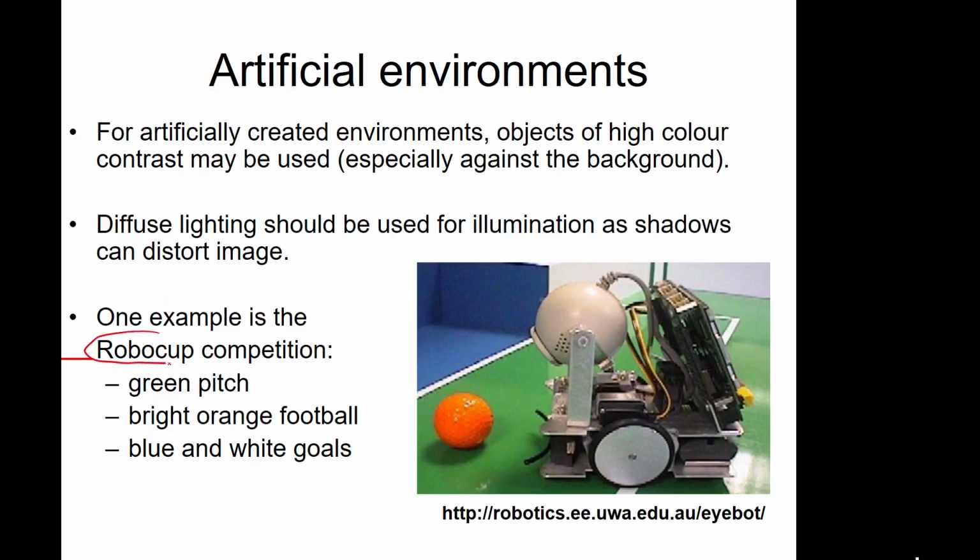So this is developing robots to play football. And they use colour segmentation to help the robots do this job. So they've got a green pitch. You can see green pitch, bright blue goals, a bright orange ball. So you use a bright orange golf ball as the football. And you can use colour segmentation to identify where the ball is in the image and then get the robot to go to that.